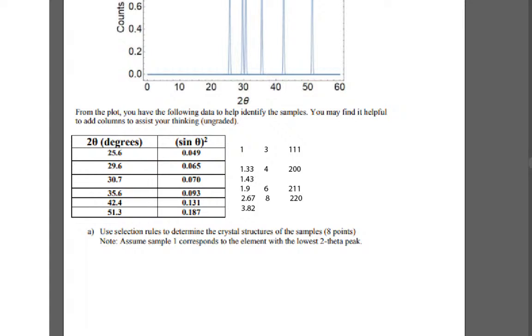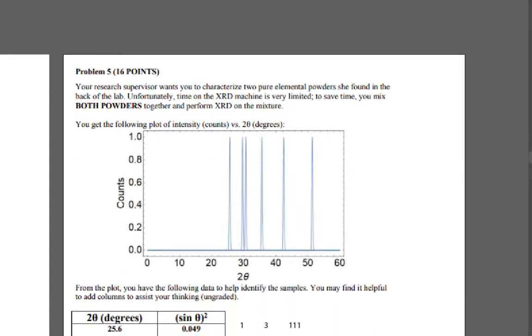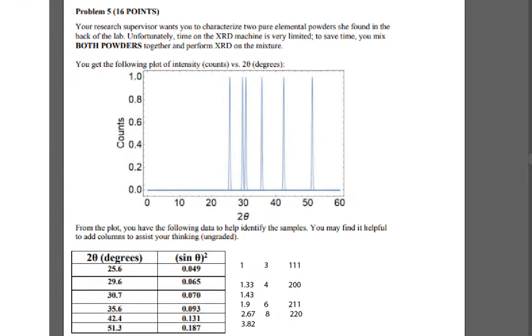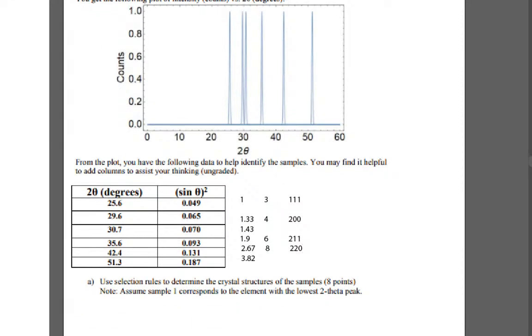To determine the crystal structure of the samples, 8 points. Okay. So, yeah, I guess one of them is actually an FCC structure.